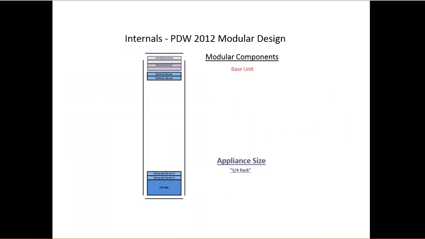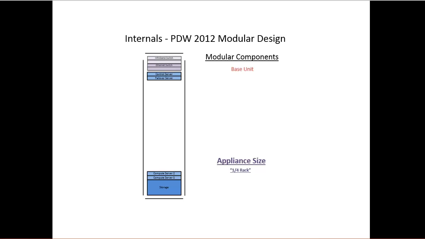So now that I've given you that basic introduction to PDW and its hardware and scale out, and how PDW can scale out from a 1 base unit solution to multiple units within the same rack, and then to multiple racks, I want to go back and drill down a little bit into what all these servers represent, and a little bit about what's running on each one of these servers.